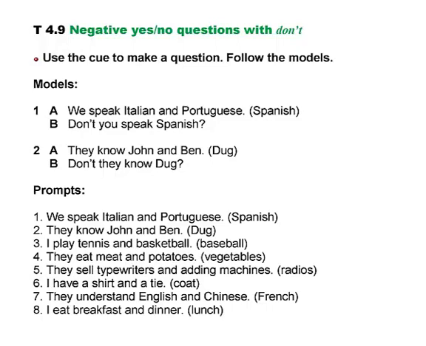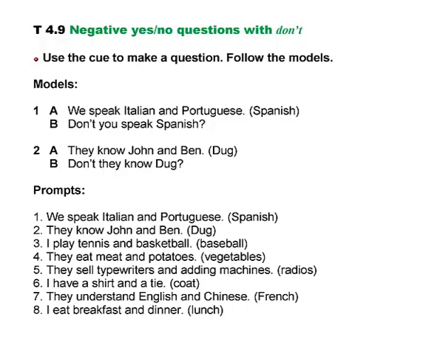1. We speak Italian and Portuguese. Spanish. Don't you speak Spanish? 2. They know John and Ben. Doug. Don't they know Doug? 3. I play tennis and basketball. Baseball. Don't you play baseball? 4. They eat meat and potatoes. Vegetables. Don't they eat vegetables? 5.